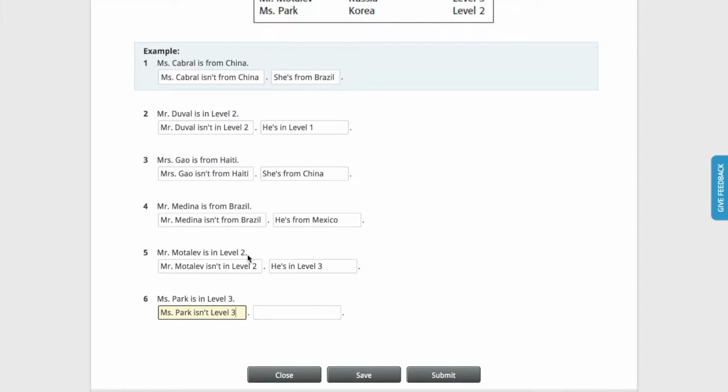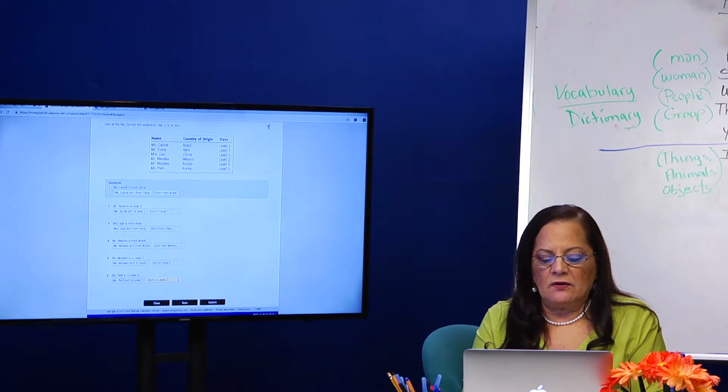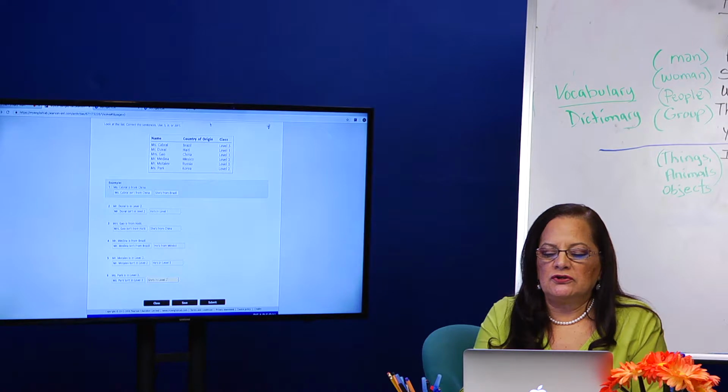Miss Park is a female. She's in level 2. Oops. There we go. And those are your answers to this exercise. So you have also looked at what a chart looks like.